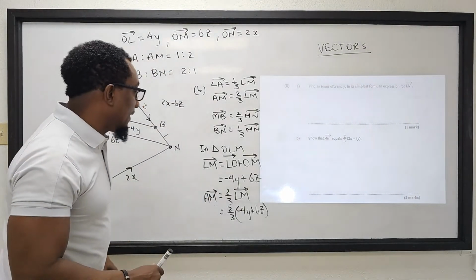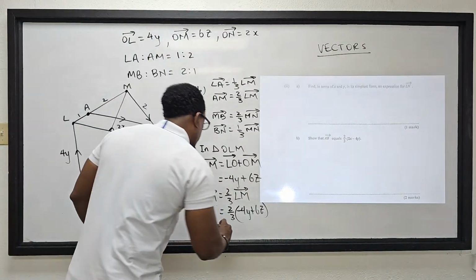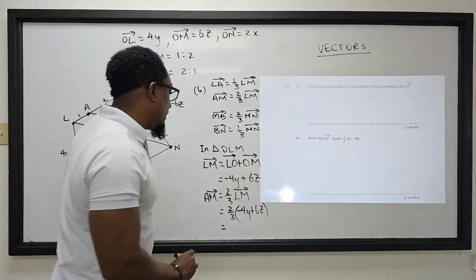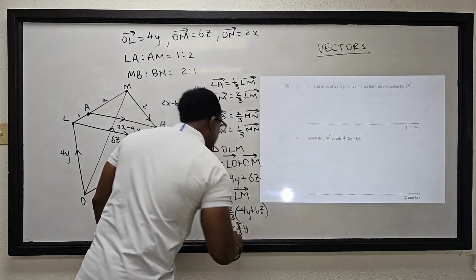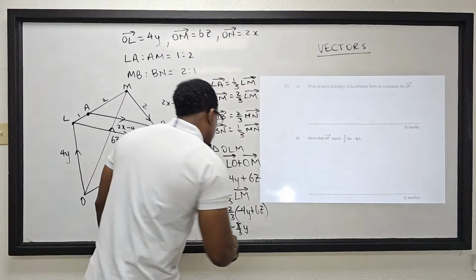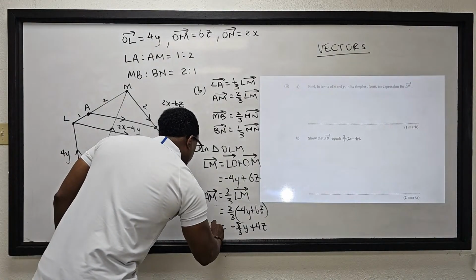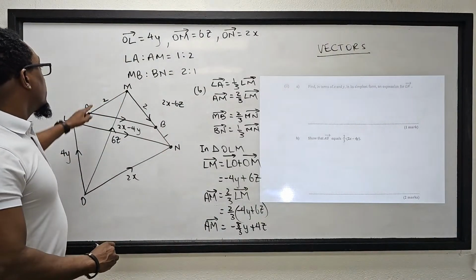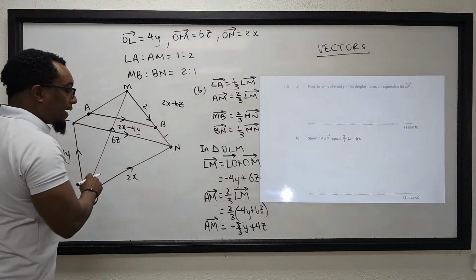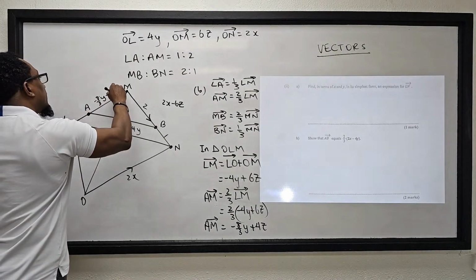Therefore, 2/3 of negative 4y will give us what? 2/3 of negative 4y will be negative 8 over 3y. And 2/3 of 6z, removing the brackets there, will give us plus 4z. So we know that vector AM, which we just formed, is negative 8 over 3y plus 4z.